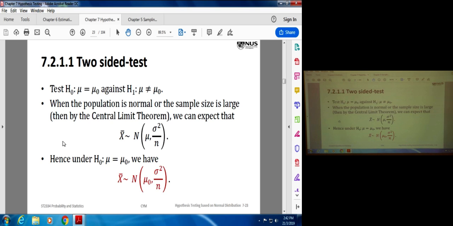As we said last week, the mean of the data, when considered as a random variable, is normally distributed with mean mu and variance sigma squared over n. So assuming the null hypothesis is true, this is distributed normally with mean mu 0 and variance sigma squared over n. So what we're going to do is construct a test of size alpha.